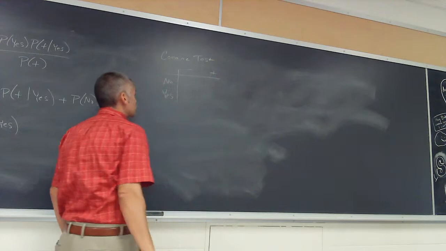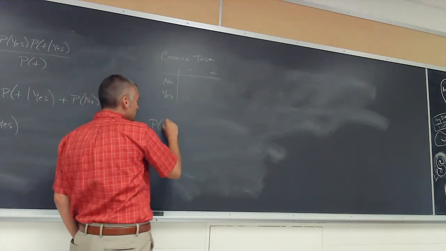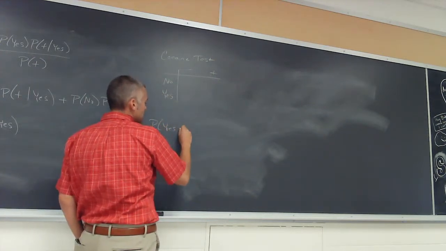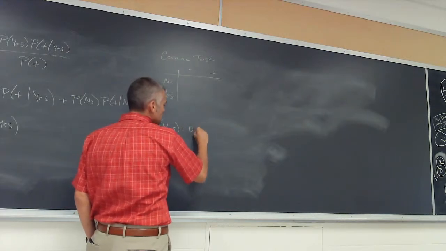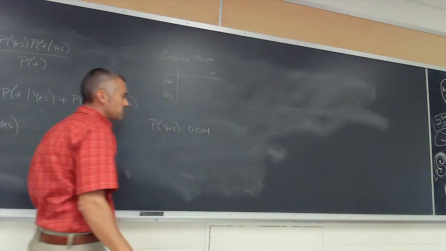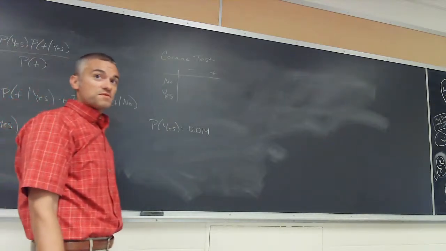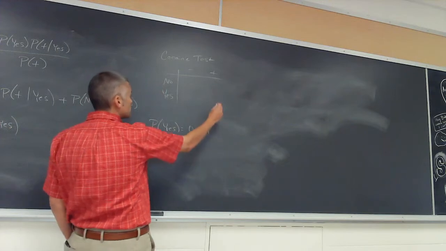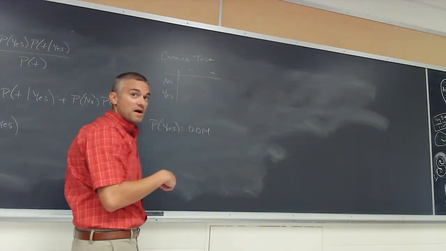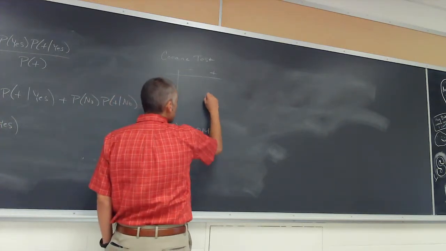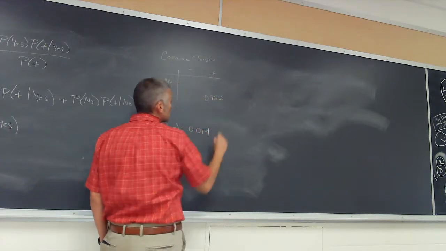Here's our cocaine test. We said the probability of a yes is 0.014, that's 1.4%. Our test is 92.2% sensitive and 84.4% specific. So sensitivity is our true positives, 0.922.